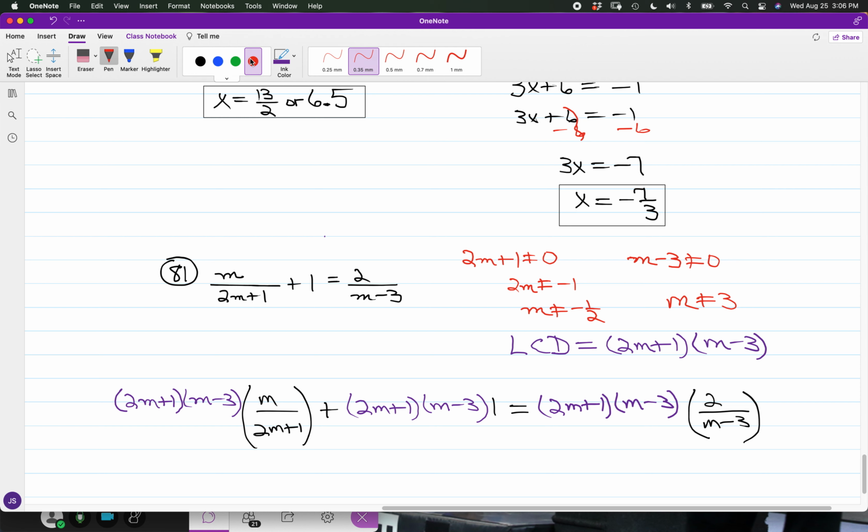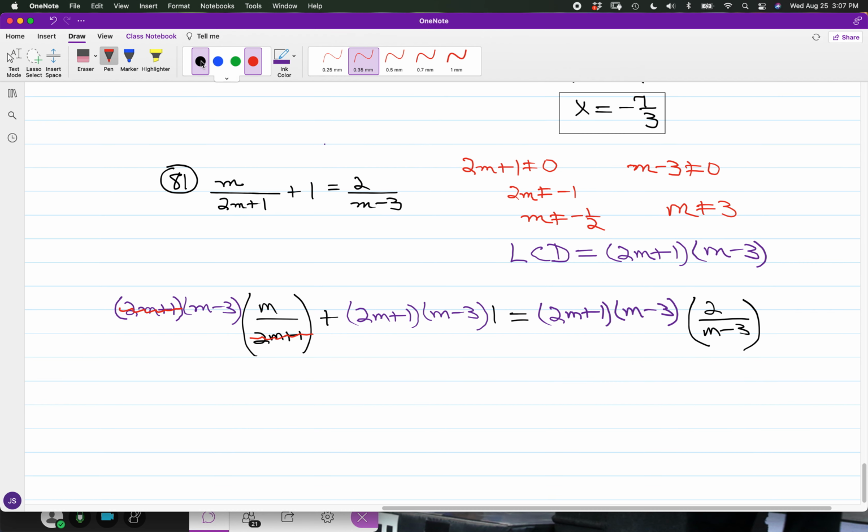Looking at each of the terms, for m over 2m plus 1, multiplying by the least common denominator, we have 2m plus 1 to cancel. So we have m times the quantity m minus 3.